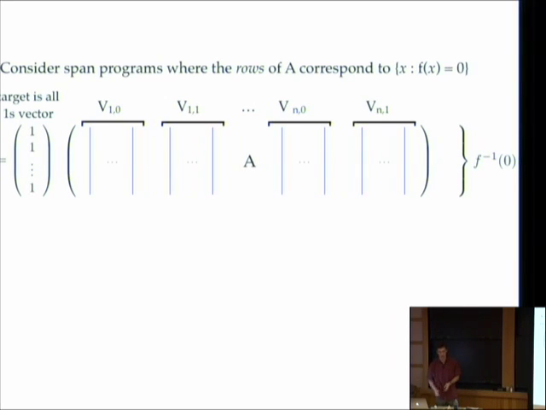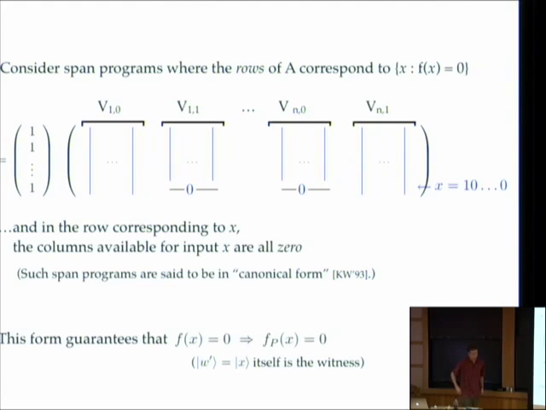Okay. So I want to construct this span program in the same way that we looked at for the example of the AND function. So for any given row, say x, I want the available inputs in that row to be all zeros. This is called the canonical form of this span program.